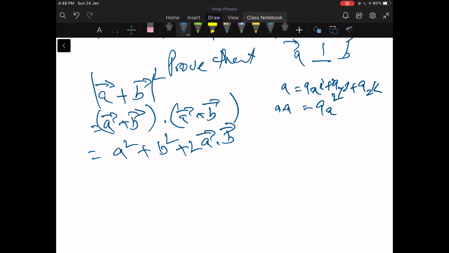Now, we want to do the same thing with A minus B whole square.